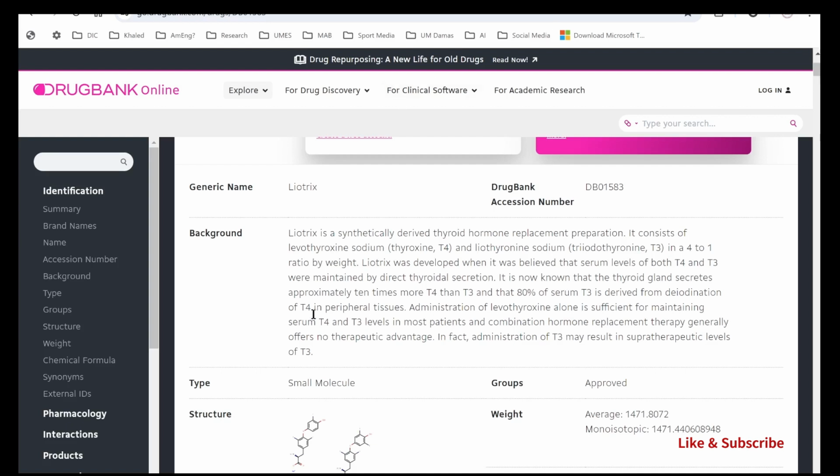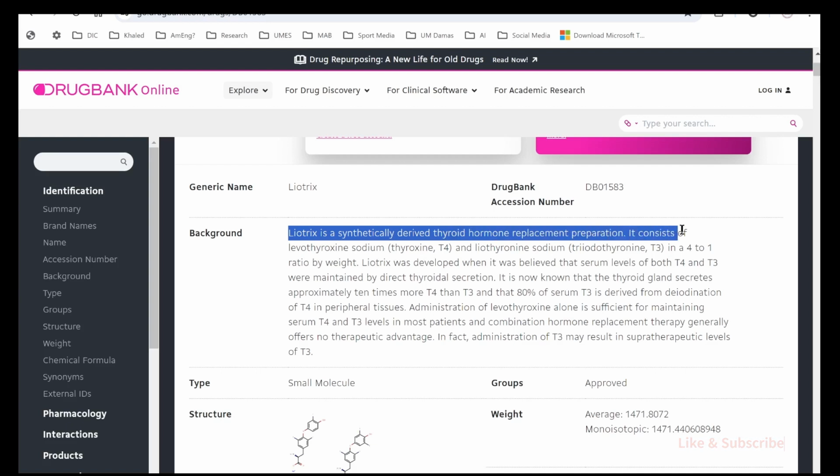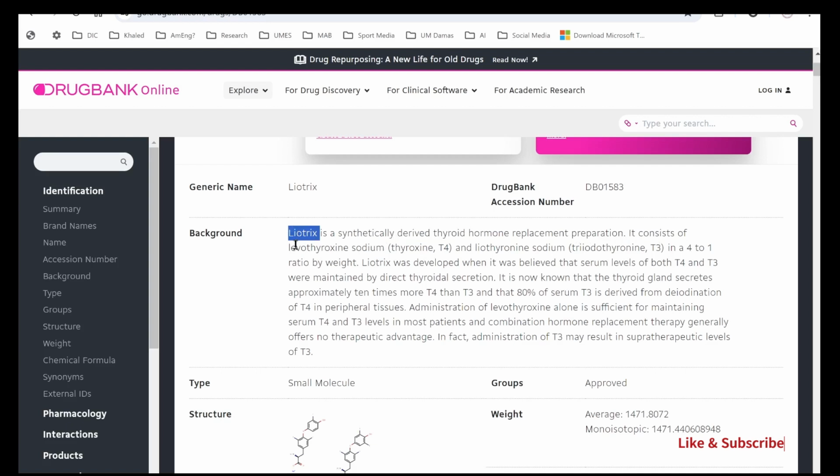Okay, let me share this website with you to present what Lyotrix is. Lyotrix is a synthetically derived thyroid hormone replacement preparation. It consists of, and this is a key word here, levothyroxine sodium T4 and liothyronine sodium T3. So you can see it here for the information.